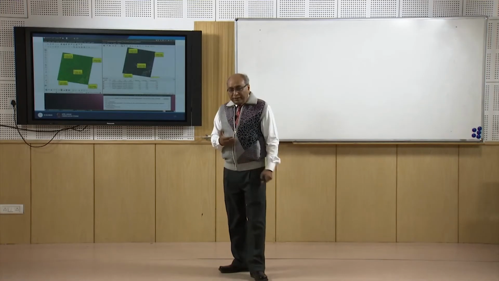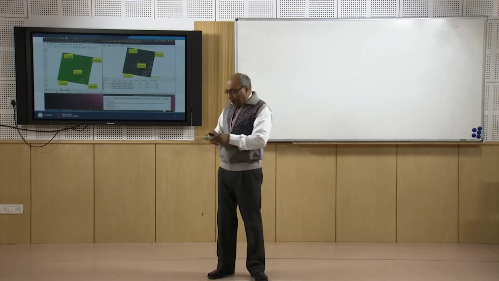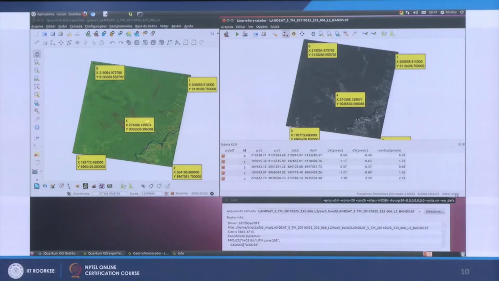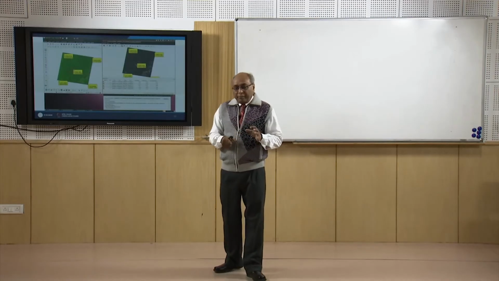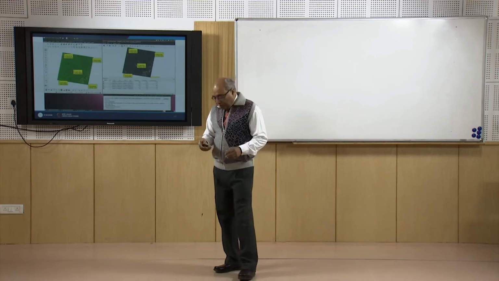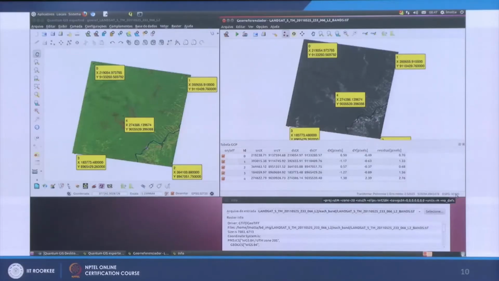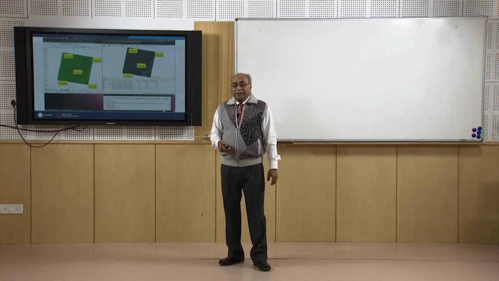But what it basically means is that if my image is this much, I should choose ground control points throughout my image area. It is not that all ground control points will be concentrated only in one corner of an image. Then it will give you a completely wrong georeferencing.